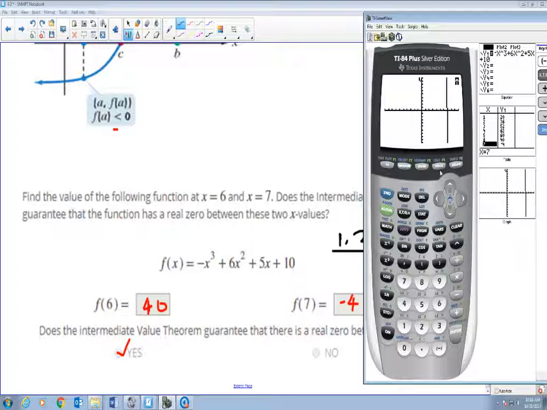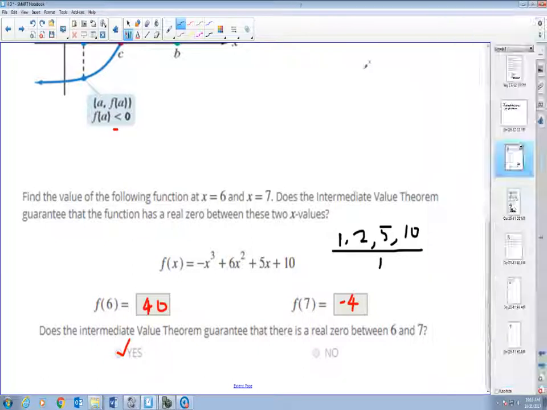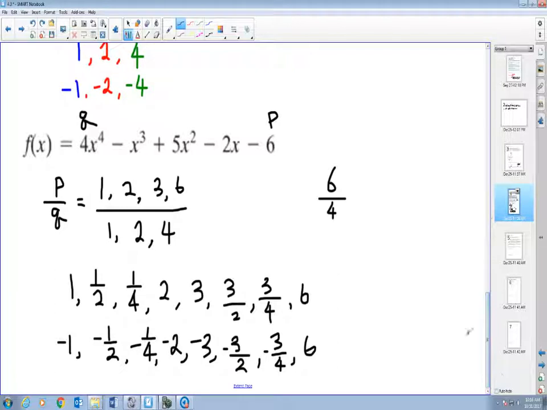So there has to be another way to help me find that actual zero, because just by listing the potential rational zeros, I still cannot see it. I know it's going to be positive, between 6 and 7, just by the intermediate value theorem. But that particular example is actually kind of hard to narrow down. Most of the problems are easier to narrow down, especially looking for the fraction ones.